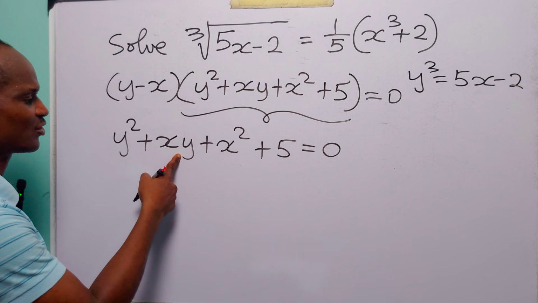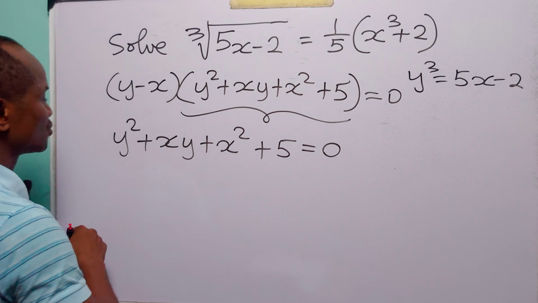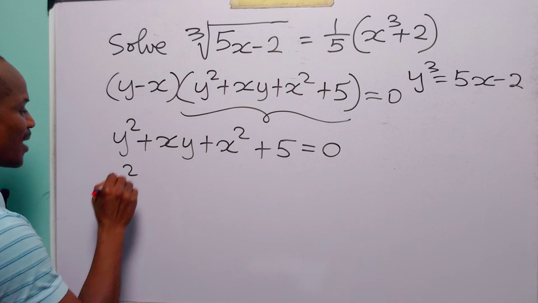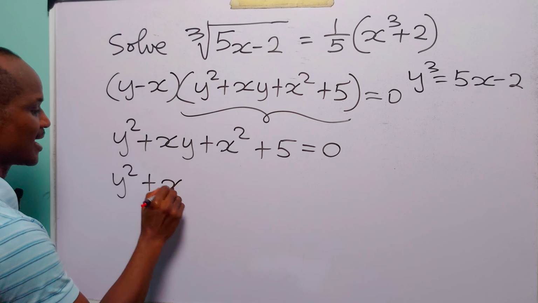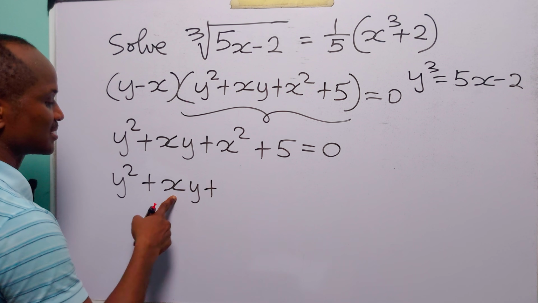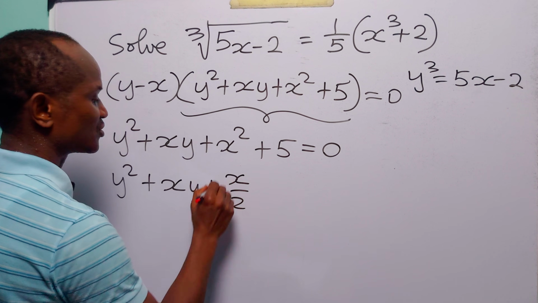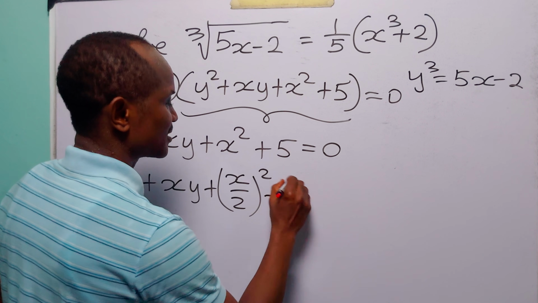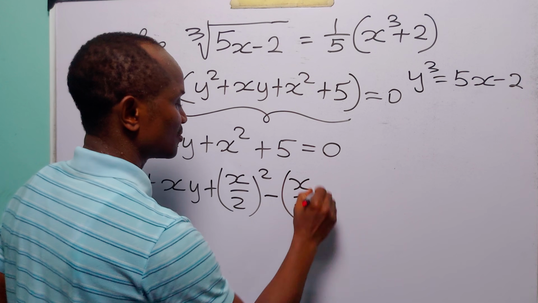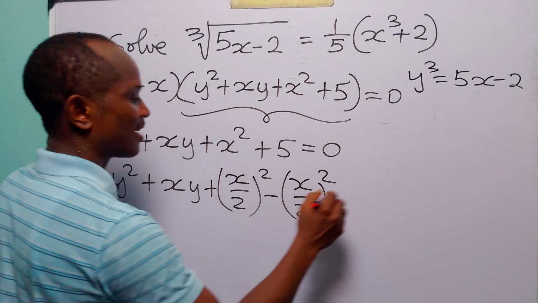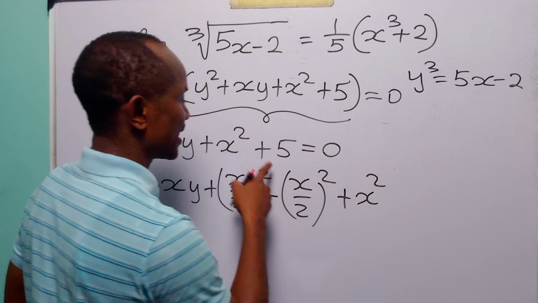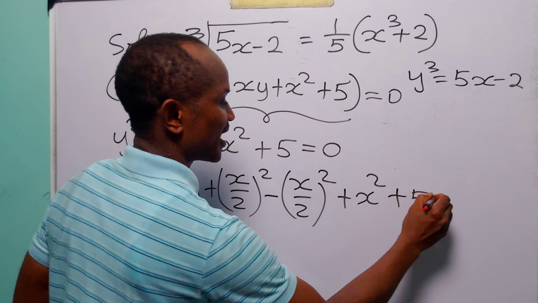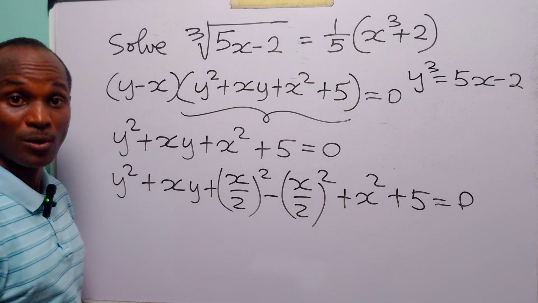Now what is the coefficient of y? It is x. So to complete the square, we have y squared plus xy plus x over 2 squared. Then minus x over 2 squared. Then we have plus x squared and plus 5, and everything is still equal to 0.